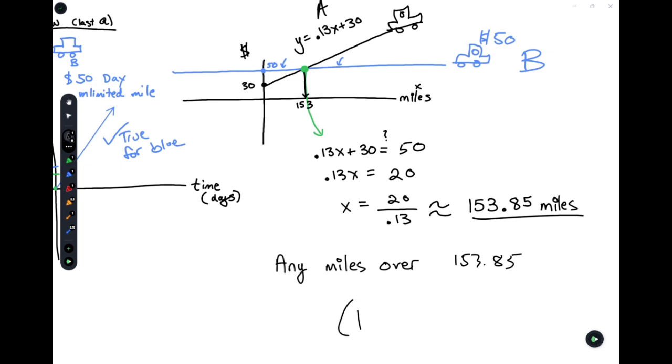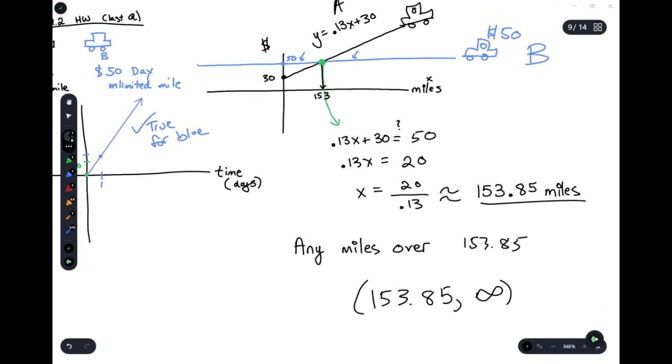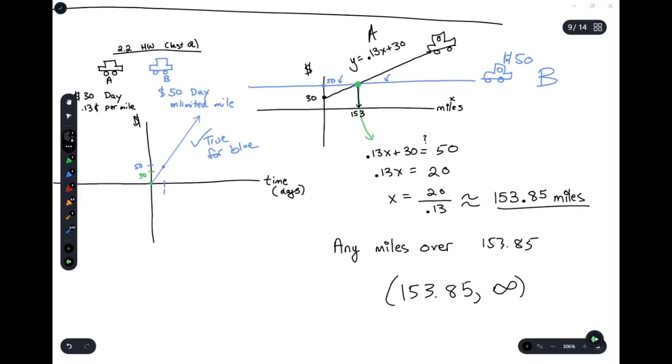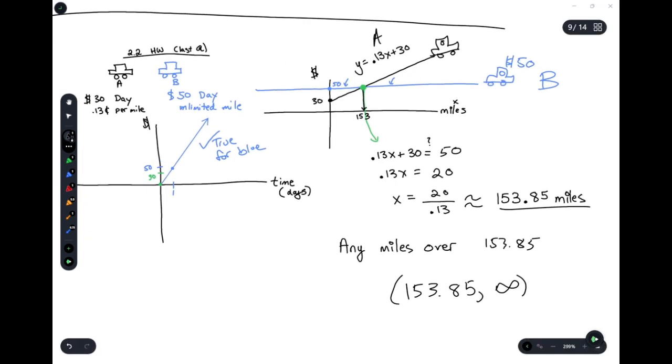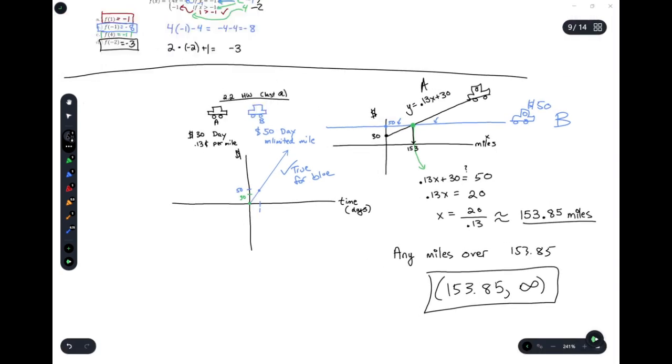Also known as 153.85, comma, infinity? I think so. I haven't looked at that exact problem, but that feels to me like it lets you put it in interval. I don't know the number for yours exactly, but was it right? Yeah. Amazing.